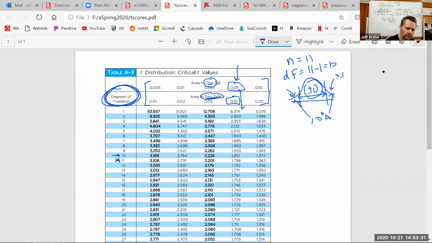So if I want to be 90% confident and my degrees of freedom are 10, I'm going to go to this column and I'm going to stop at 10. That would be the t-score that I would use. So the t for the situation would be 1.812.